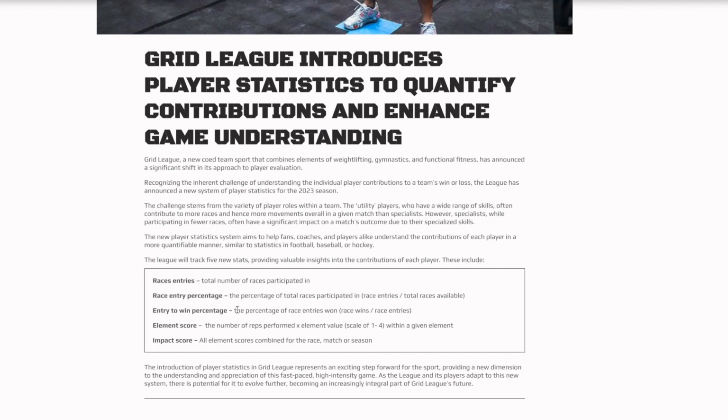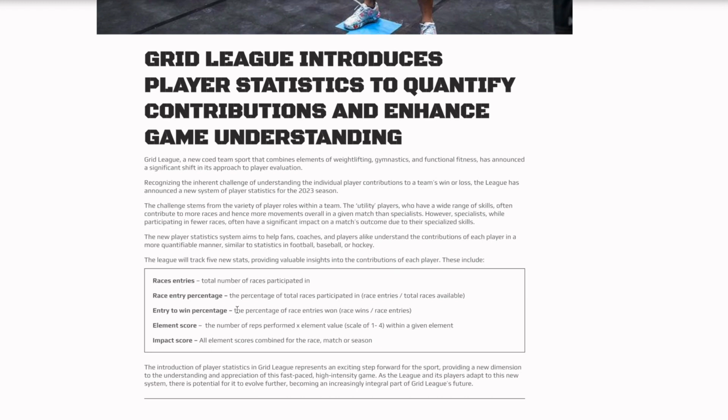So these stats, while we'll be tracking them through the season, are really going to apply towards the end of the season. And when there's a high performer in specific elements that have big impacts on races, your hyper specialists, you really should see the entry to win percentage, I'm hoping, reflect how big that impact is, even if they don't have a ton of total work across all races.